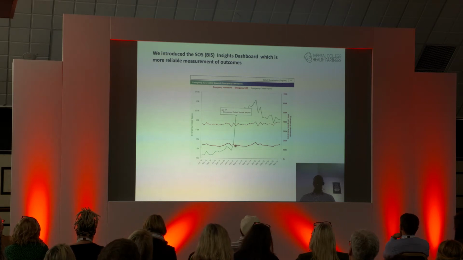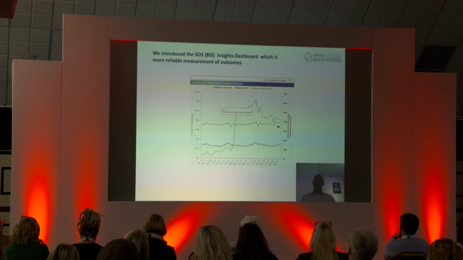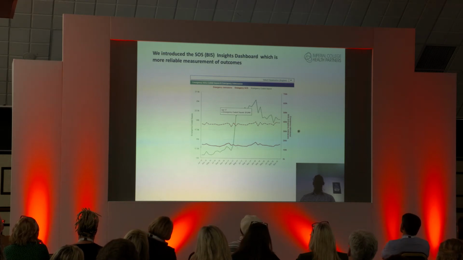And what you'll notice is that the bacterial infections and sepsis cohort completely mirrors the total number of patients coming into hospital for emergency admissions, as opposed to the previous way where we used to measure sepsis, which was very inconsistent and prone to fluctuations.